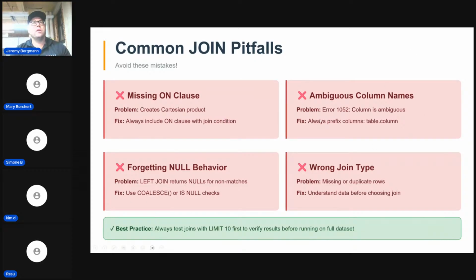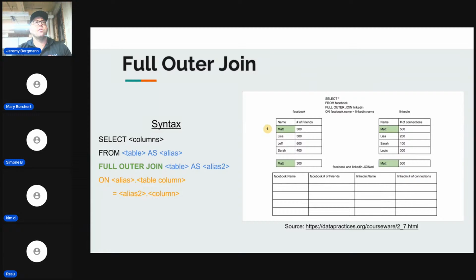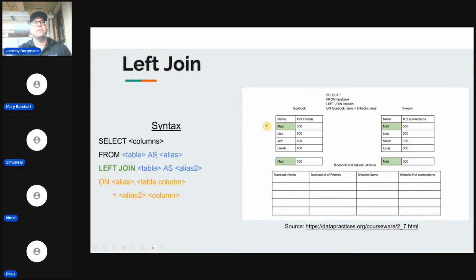So another thing, you can get ambiguous column names. That's why it's good to use aliases on tables when you're joining them together. Here's a good example.